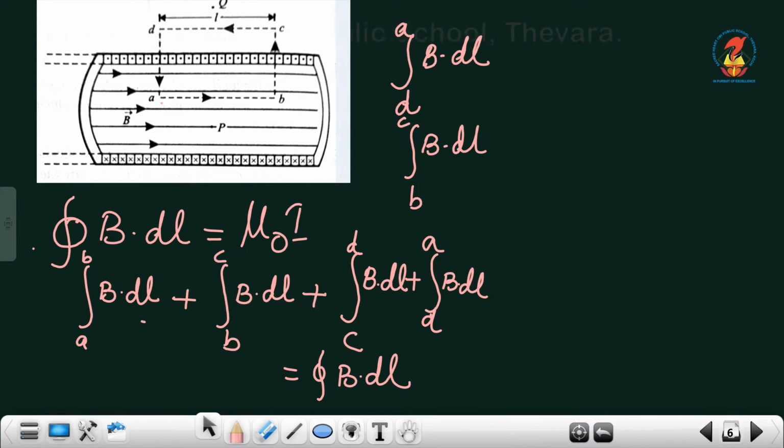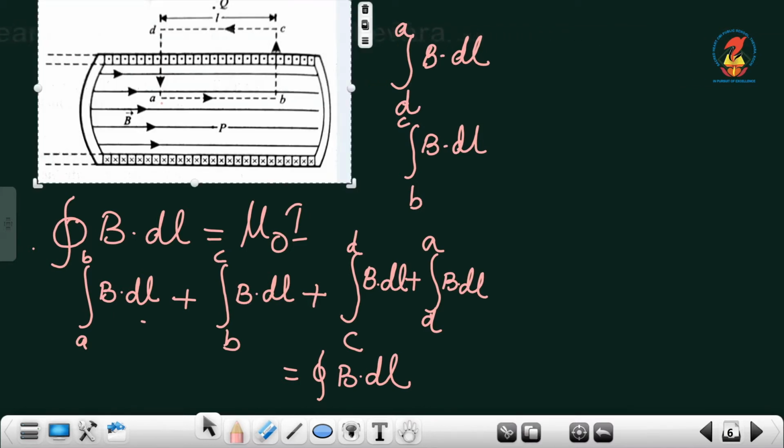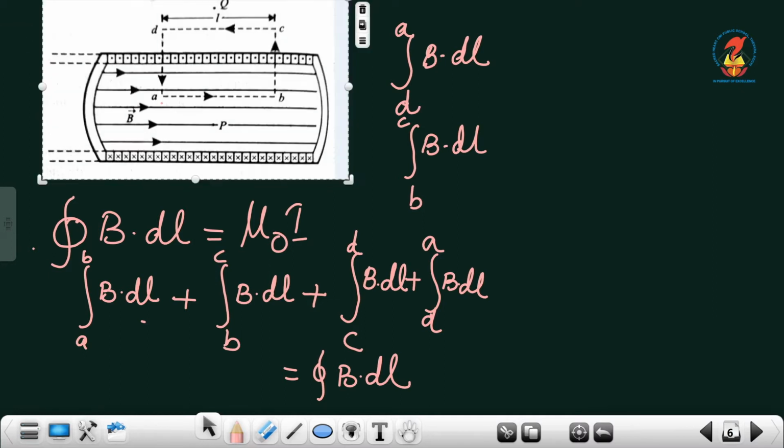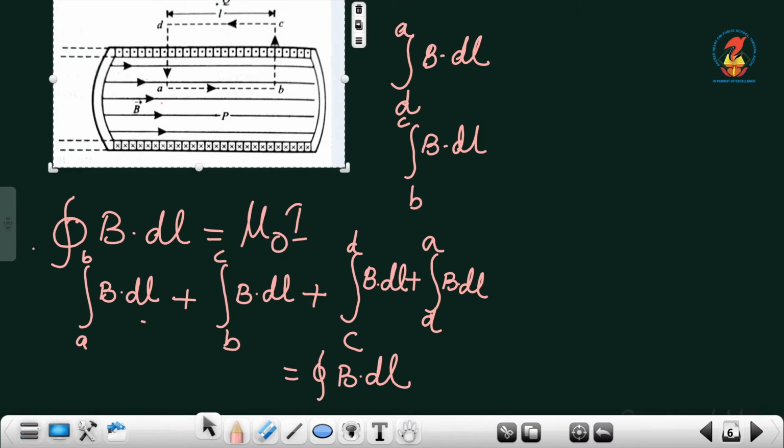But what is my line integral dl direction? It is perpendicular. Dl is perpendicular in both the cases to the magnetic field. So, what is angle theta here? Theta is equal to 90 degree. Field is in this direction, my element dl is perpendicular, so B dl cos theta, what is cos 90? 0.